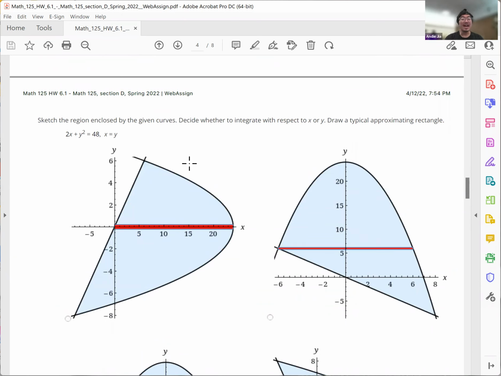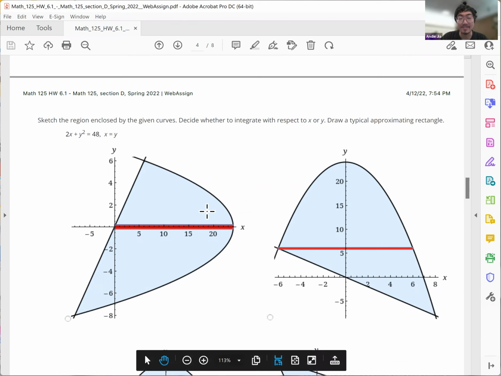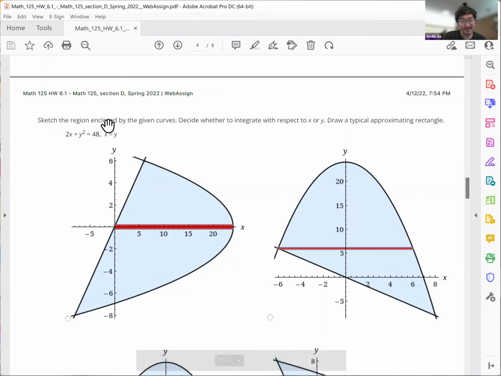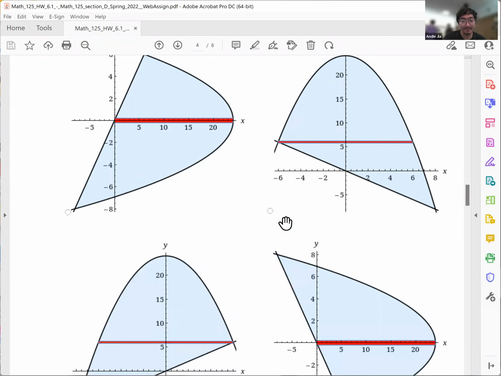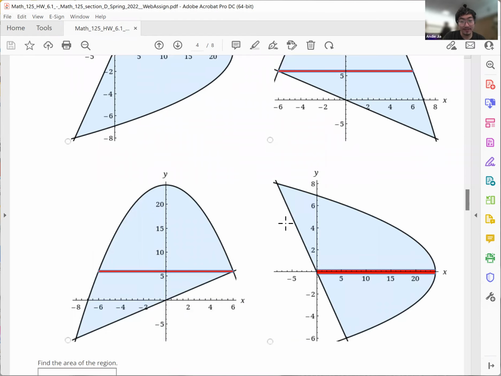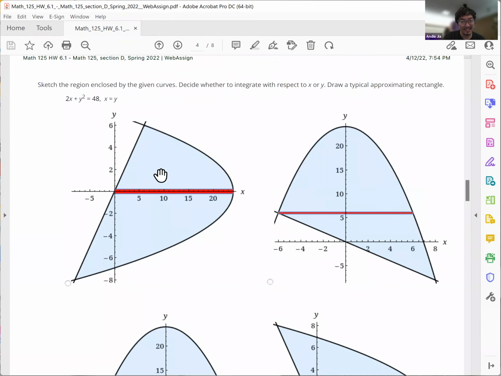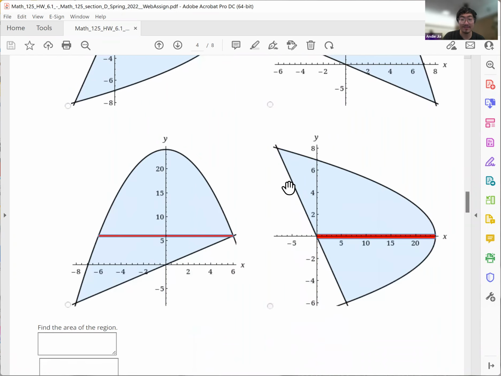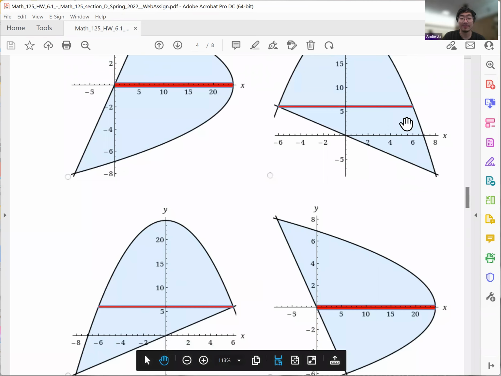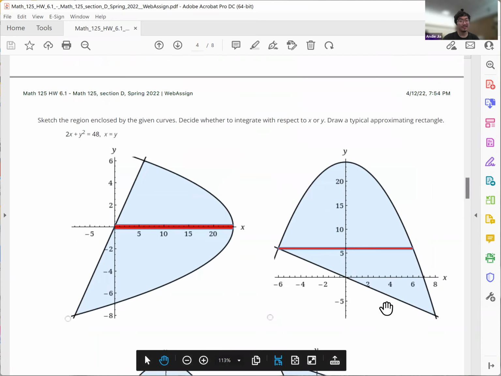If we have a right-left positionality layout, we use dy to integrate. x as a function of y is an increasing function, so we eliminate this one because it's decreasing, and this one is also decreasing, so those ones are false.